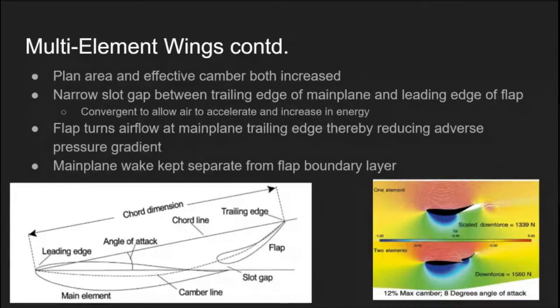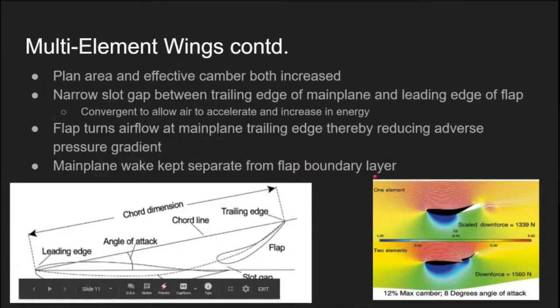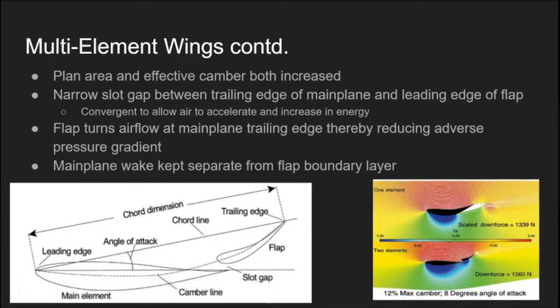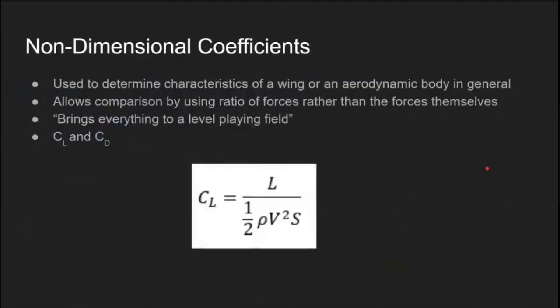Okay, so basically with a multi-element wing, what we're doing is increasing the plan area, which is the overall area of the wing, and like you guys saw here, increasing the area of the wing does give you more lift.